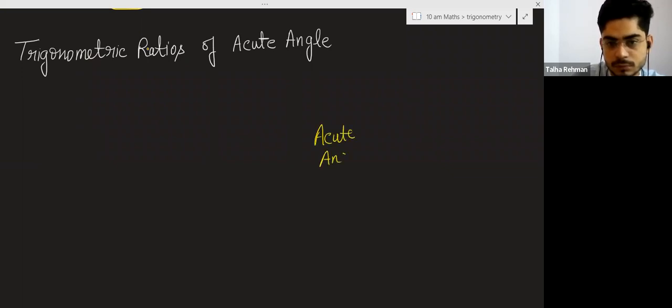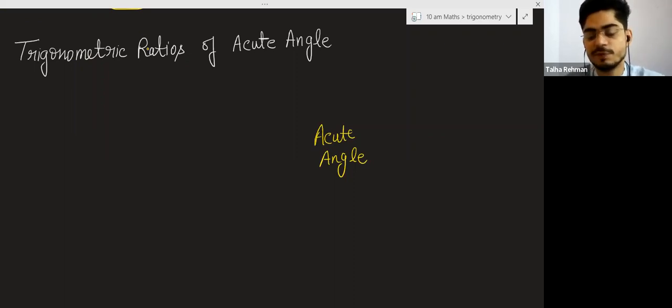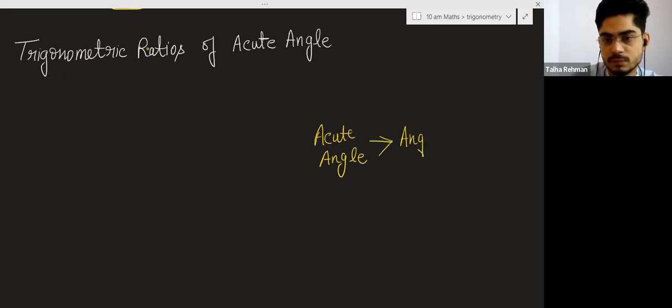Like 30 degree can be an acute angle, 60 degree can be an acute angle, 45 degree can be an acute angle. 120 degree cannot be an acute angle. An angle less than 90 degree is known as an acute angle.